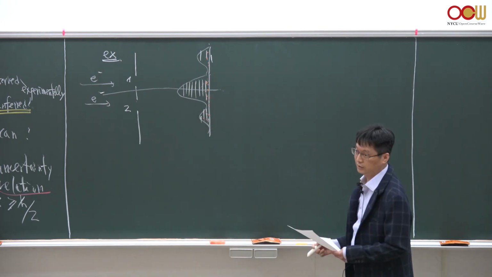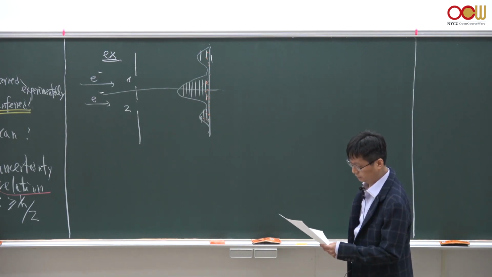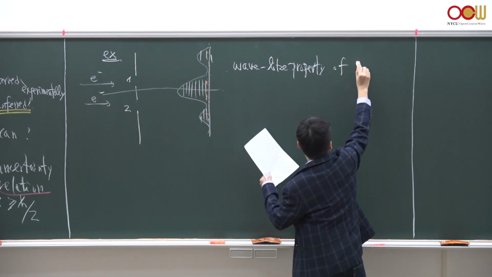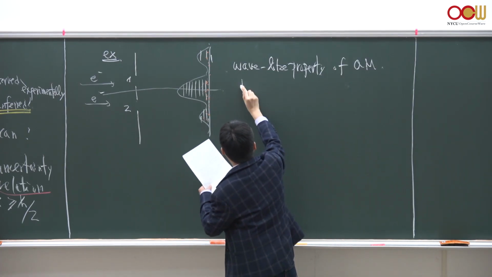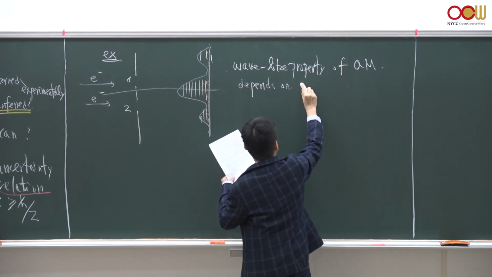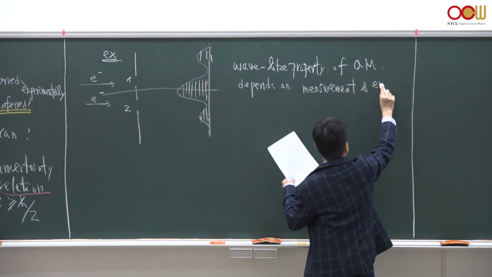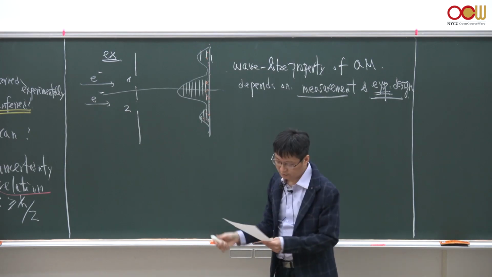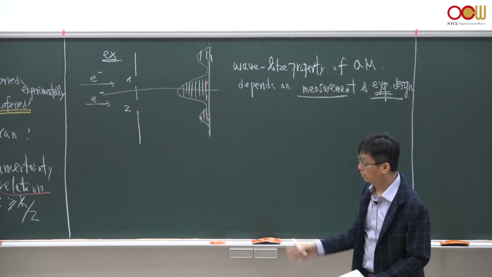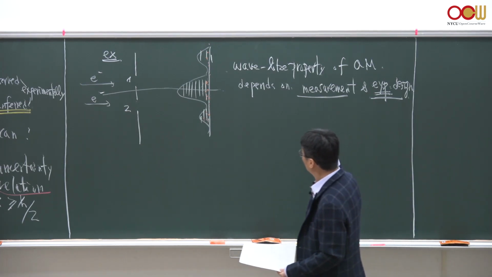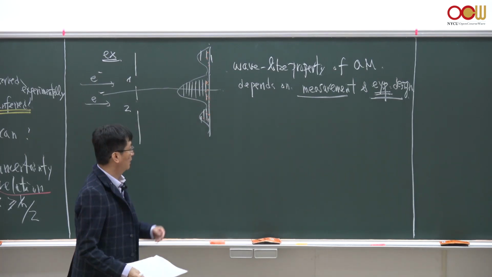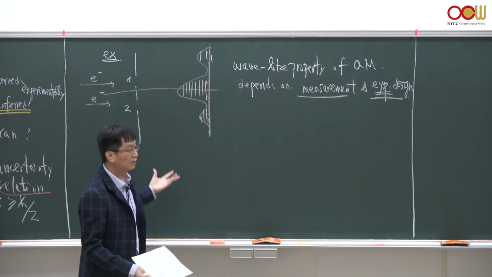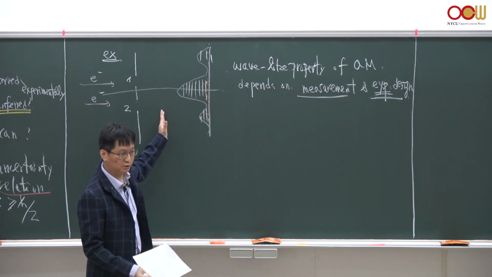So the wave-like properties of quantum mechanics really depend on measurements and how you design your experiments. It really depends on how you probe, how you observe, what kind of experimental design you have in mind, that you can realize wave-like properties such as this.